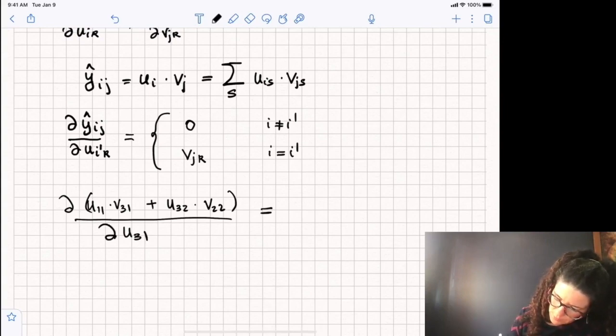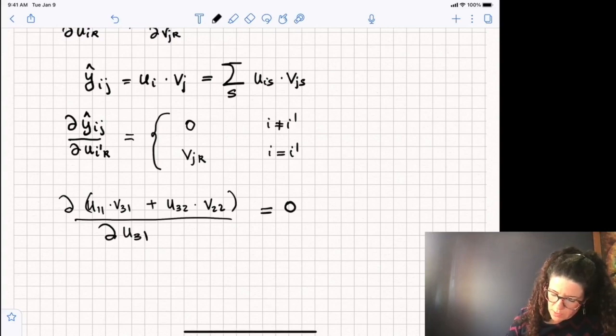Well, this is 0 because u31 is not in this sum. The variable u11 is a different variable than u31, and u32 is a different variable than u31. The variable u31 is the first dimension of user 3, and it is independent of the other ones.